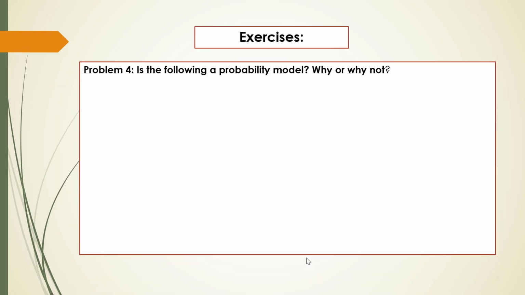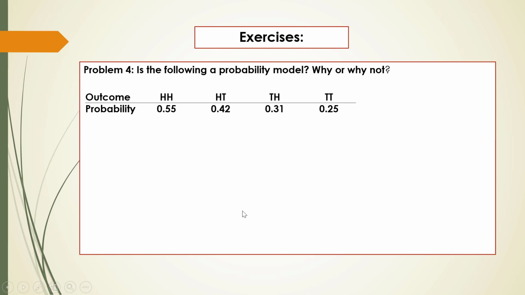Problem number 4, is the following a probability model? Why or why not? Here's the first model. In this model, we have 4 possible outcomes and their probabilities. To verify if this model is a probability model, we need to verify 2 things. The first thing is that each probability should be between 0 and 1.